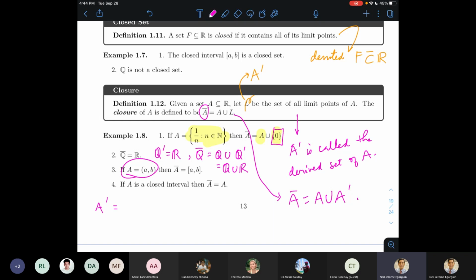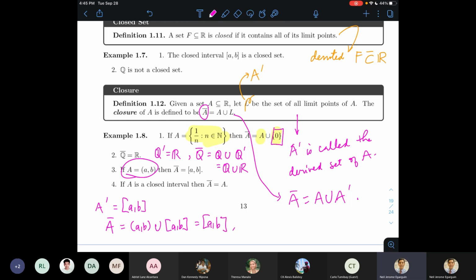Tapos si A at saka si B ay limit points din ng open interval AB. So the derived set of A is the closed interval AB. And if we want to find A bar, then this is open interval AB, A, union the derived set, which is the closed interval AB. So that will give us the closed interval AB.